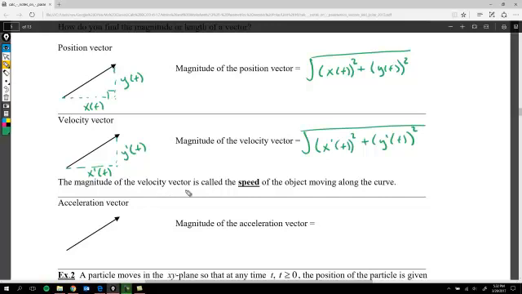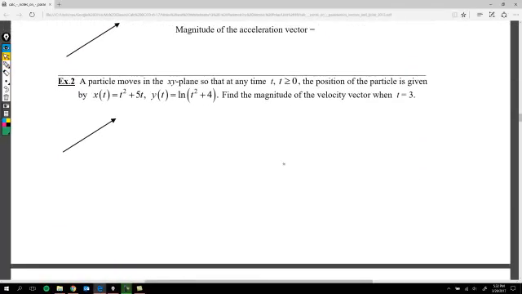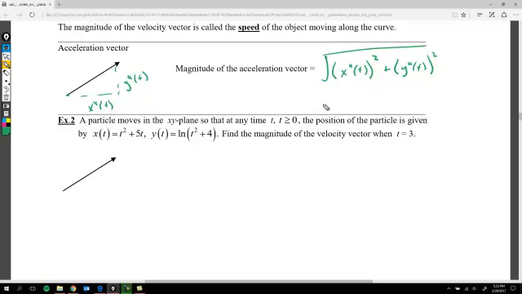The magnitude of velocity is called speed, because it's always positive. The sign doesn't matter as much there. One more, we're going to do acceleration. You can probably guess how to do it. This is in terms of x double prime and y double prime, and once again, the square root of x double prime of t squared plus y double prime of t squared is my magnitude of acceleration. Same thing for all of them.